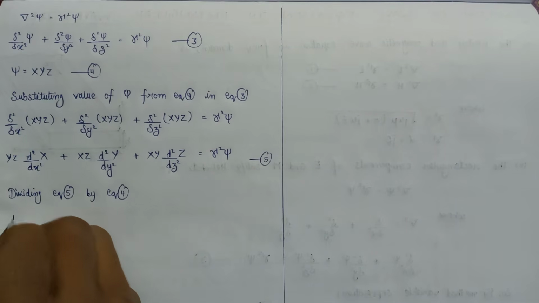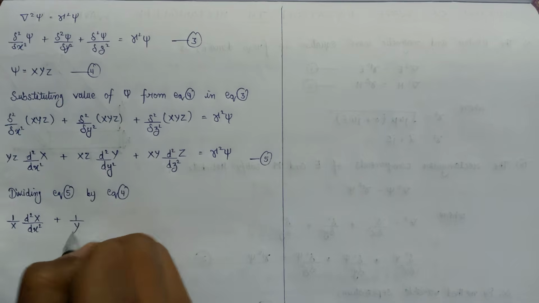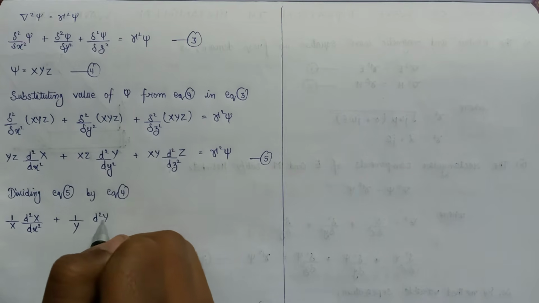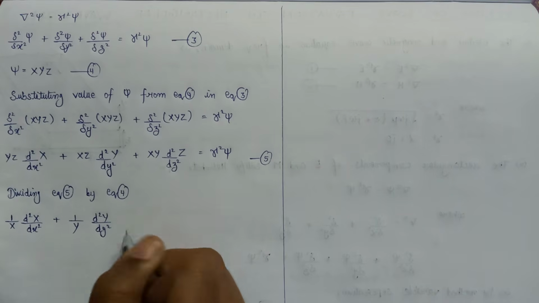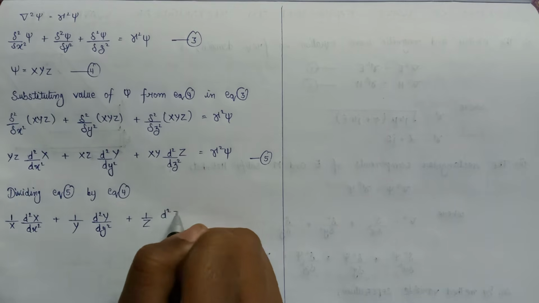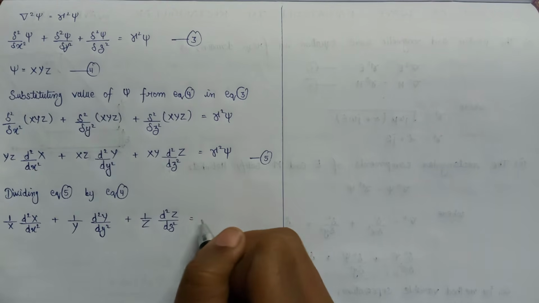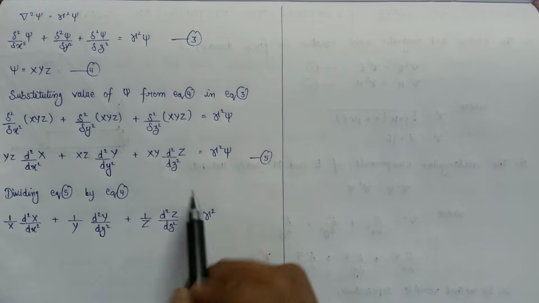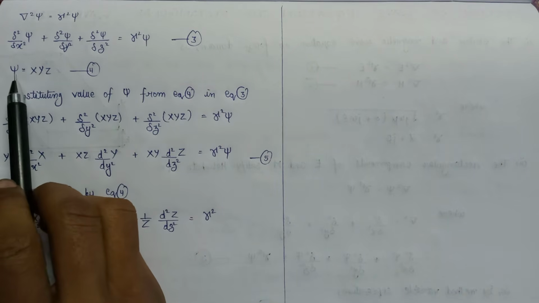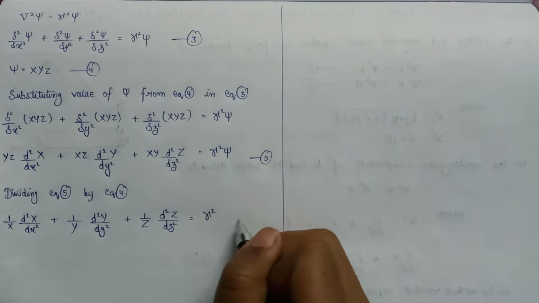So on dividing we get 1 over X d2 capital X over dx square plus 1 over Y d2 capital Y over dy square plus 1 over Z d2 capital Z over dz square, that is also equal to gamma square, because this XYZ is nothing but psi and will get divided by psi, so we get the remaining term as gamma square only. Let us give it as equation number 6.